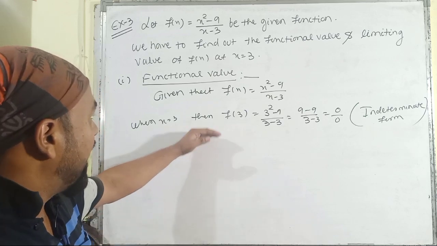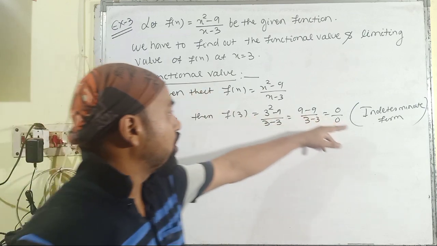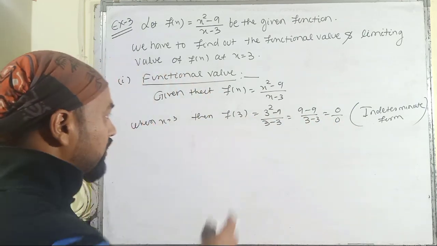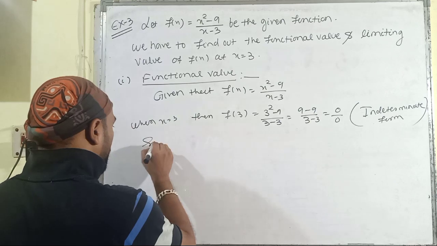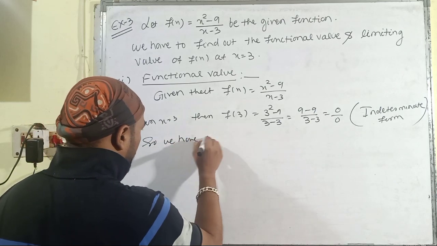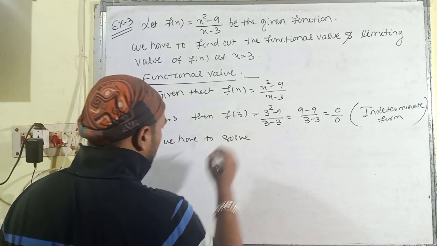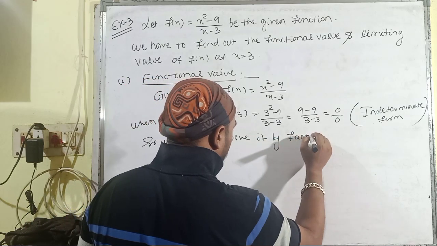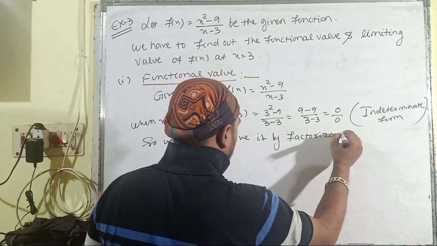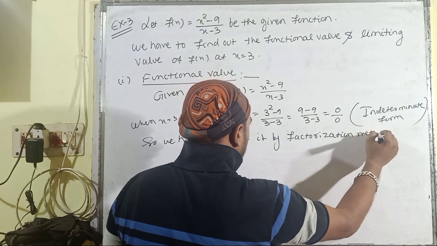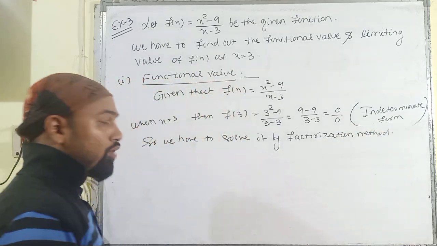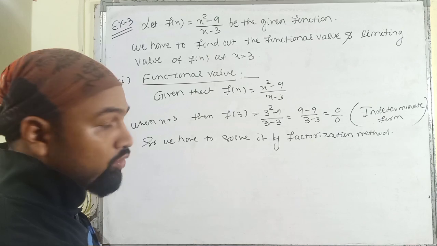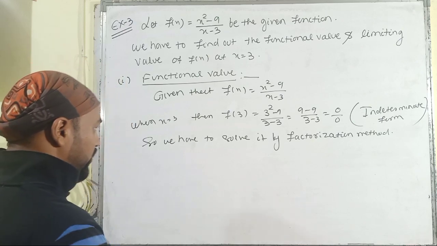But here, as the functional value is in the form of an indeterminate form, we have to solve it by the factorization method. Factorization method is one of the basic operation methods that we are going to discuss in the next video session.